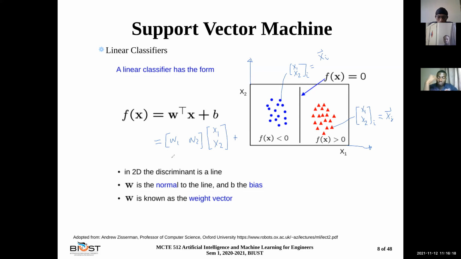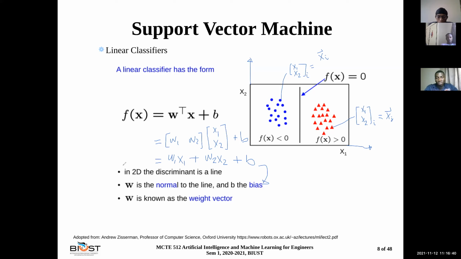In essence we have w1 x1 plus w2 x2 plus b, where b is the bias.